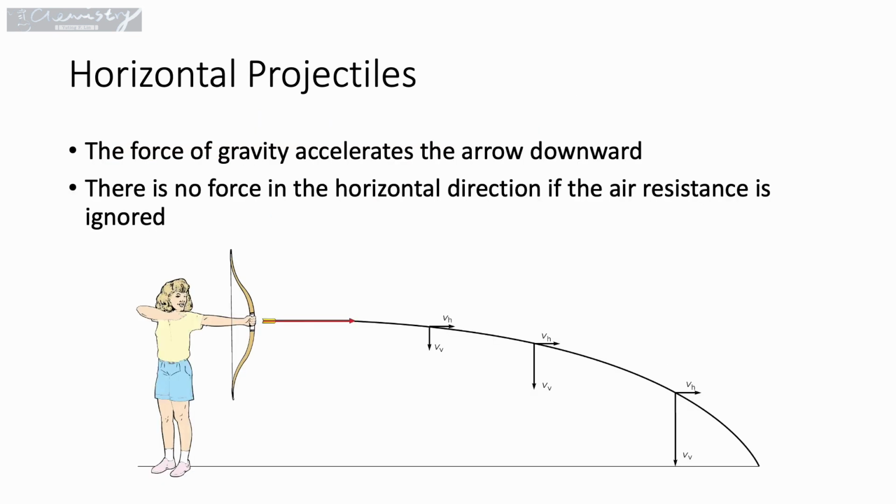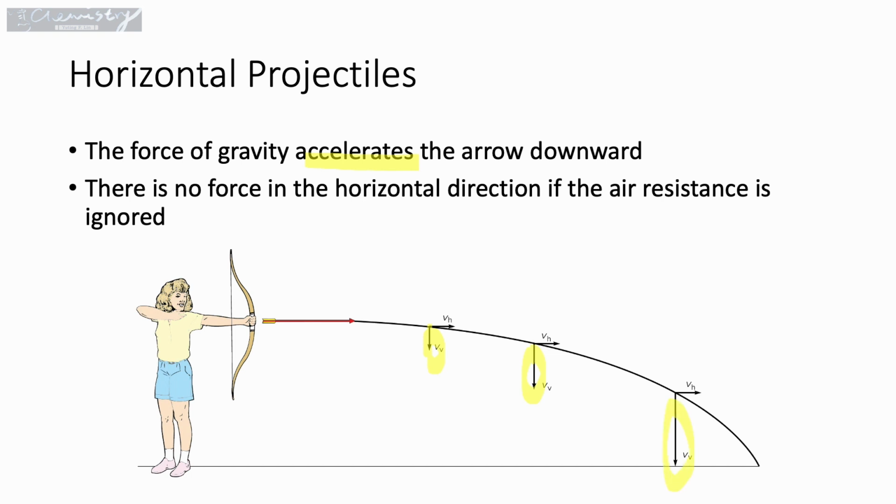Now let's look at the case when we have horizontal projectile. Basically, there is going to be a force of gravity that is accelerating the arrow downwards. So let's look at this archery. As the arrow is moving forward, we have a constant force of gravity that is accelerating the arrow downwards.